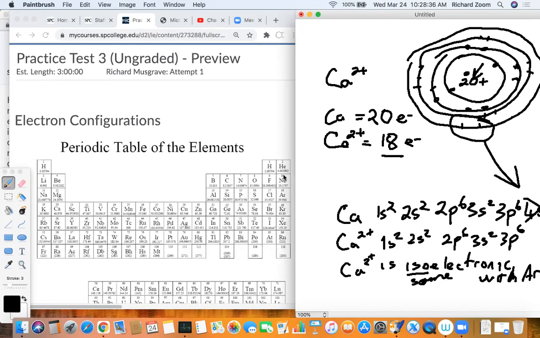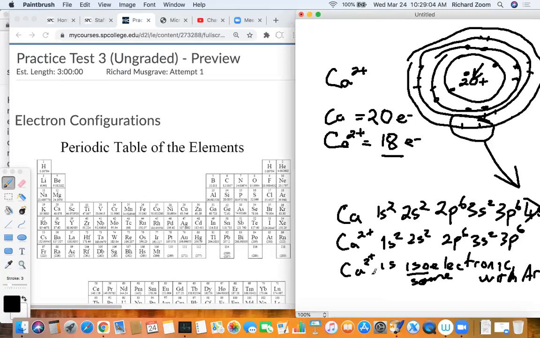We know that these creatures here in the far right row are called the noble gases. And the reason that they're so noble is because they have a full octet in their outer shell, which makes them more stable. And this goes for these specific electron configurations as well.